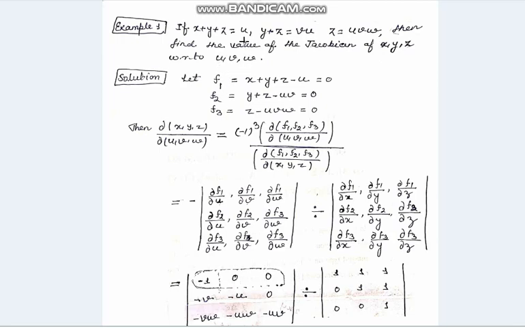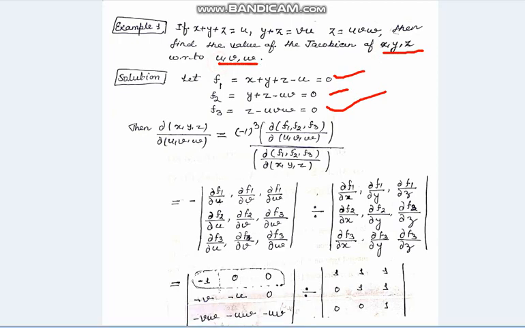First of all, we will write the first equation as f1 is equal to x plus y plus z minus u is equal to 0. Similarly, f2 is equal to y plus z minus uv is equal to 0. And the third equation, f3 is equal to z minus u into v into w. So first of all, we rewrite the given equations in this form. Here f1, f2, f3 are functions of x, y, z, u, v, w. Now we have to find the Jacobian of x, y, z with respect to u, v, w.